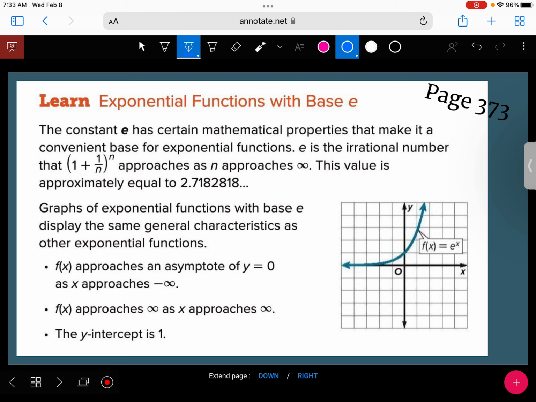But anyway, the constant e has certain mathematical properties that make it a convenient base for exponential functions. Okay? E is the irrational number that's 1 plus 1 over n to the n power. Does that look familiar? Kind of looks like our compound interest formula, right? Just a little bit. Approaches as n approaches infinity. This value is approximately equal to 2.7182818.